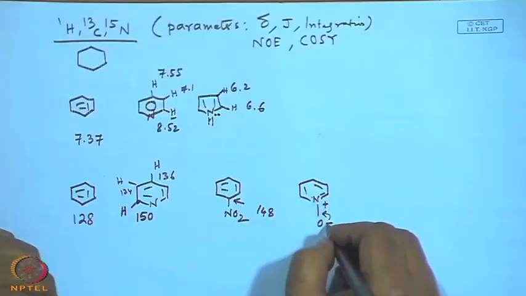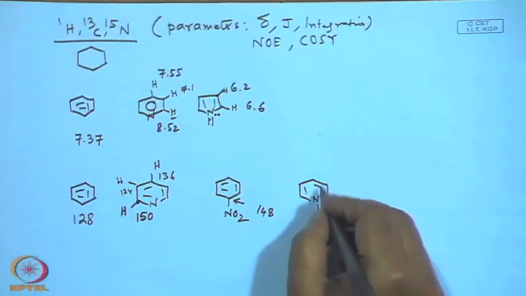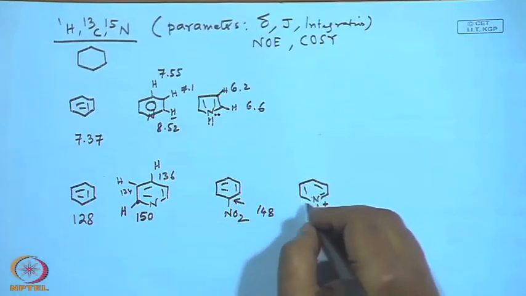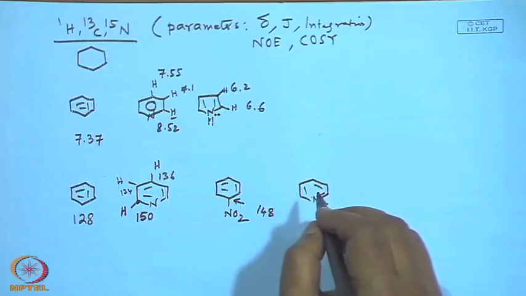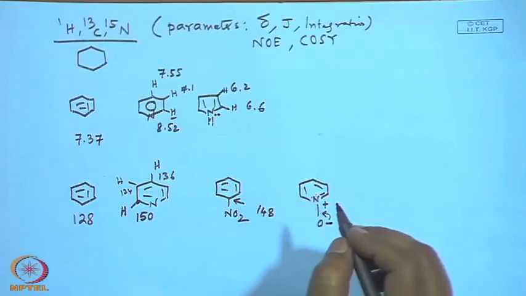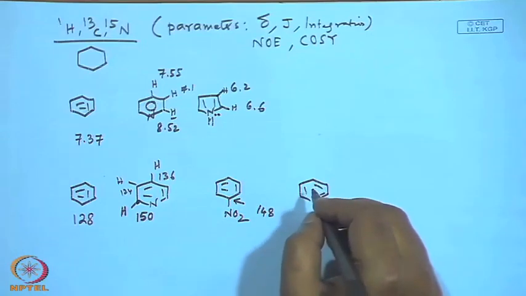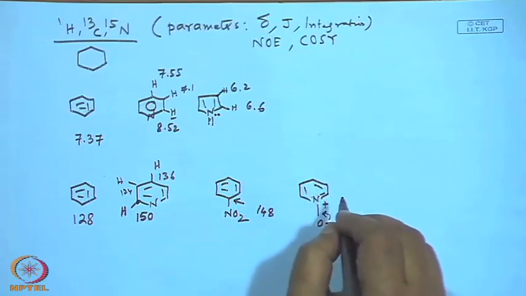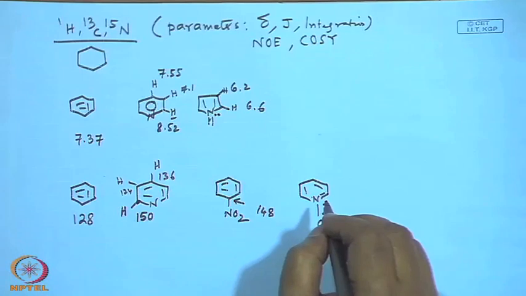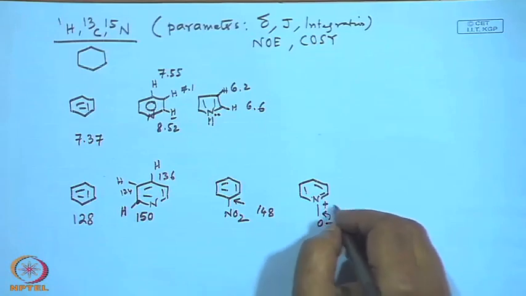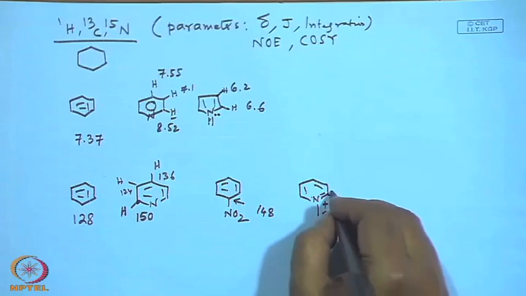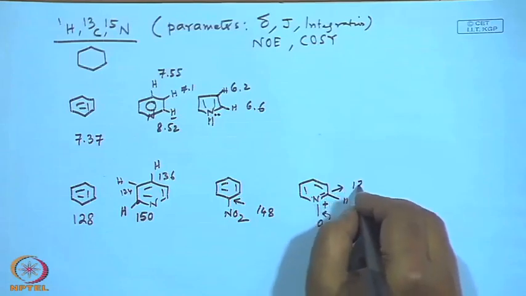Because of the resonance of these oxygen electron pairs, you will find the pyridine ring is now electron rich compared to the parent pyridine. Obviously, if the electron density increases around the ring, the chemical shift decreases, and that is what we see for this carbon here, now it is 139.